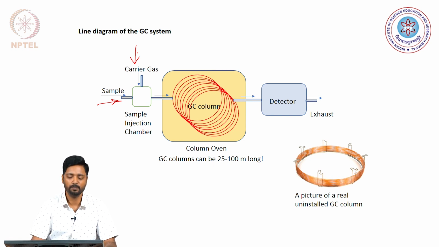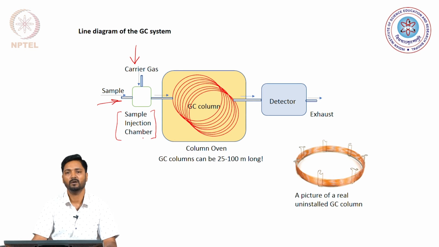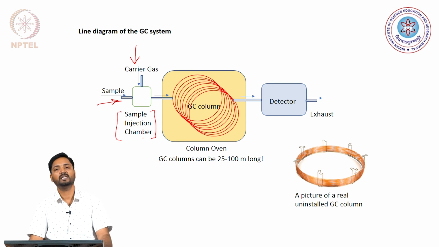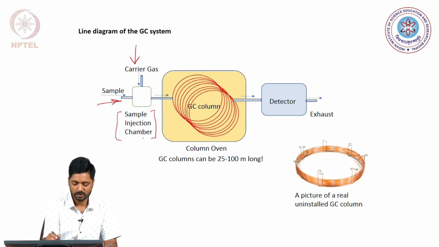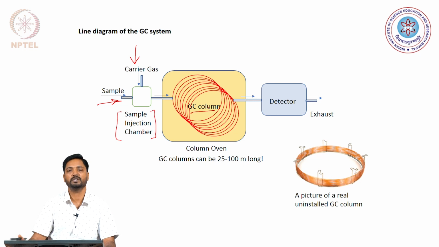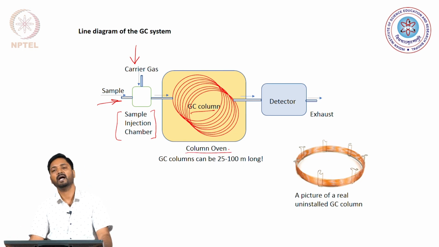These two mix in what is known as the sample injection chamber. So, the vaporized sample, or the sample vapors, and the carrier gas mix together in the sample injection chamber. They are then carried to a gas chromatography column, which is kept inside a column oven, and this is where the separation will happen.